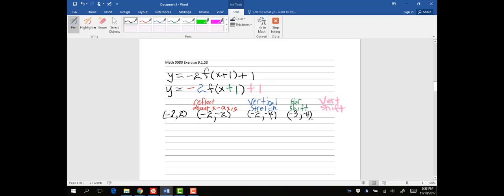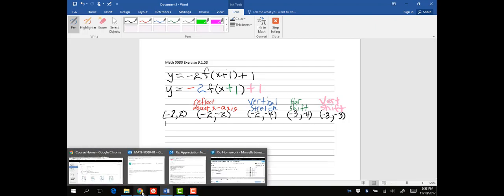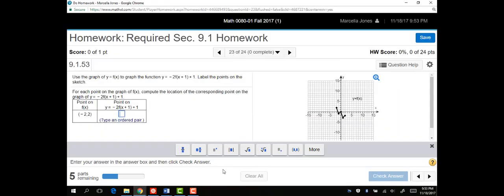So I'm vertically shifting this point (-3, -4), and I do that by adding a 1 to the y value of the point that I'm shifting. So -4 plus 1 is -3. So the point (-2, 2) transforms into the point (-3, -3). So let's go to my math lab and let's actually put that value into the problem.